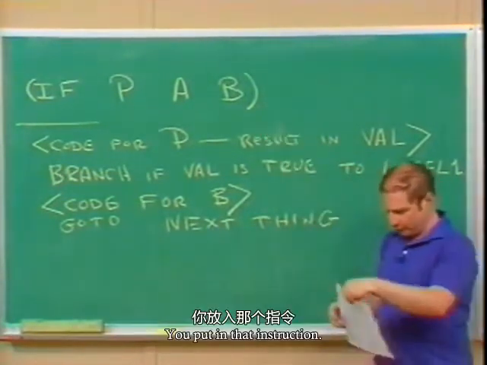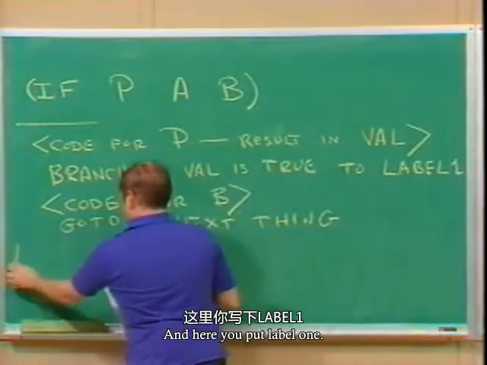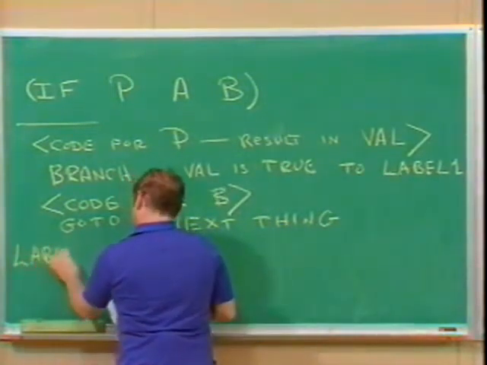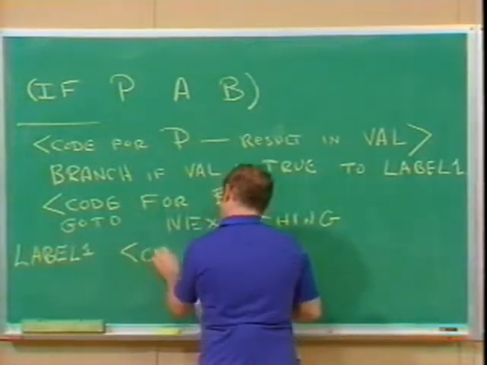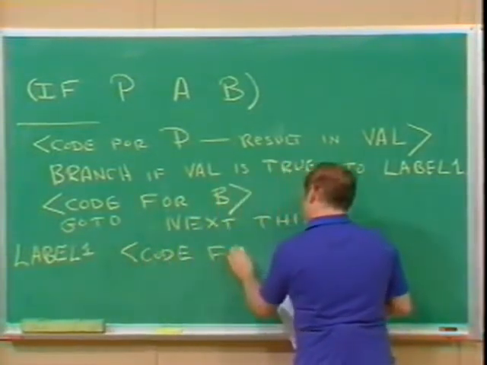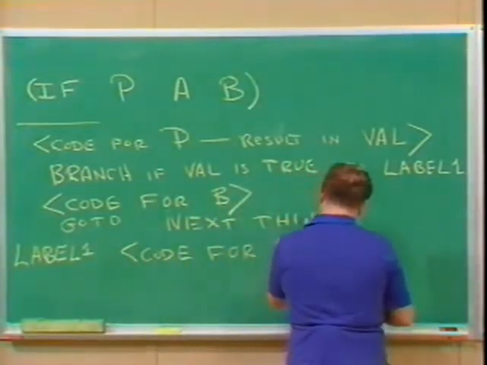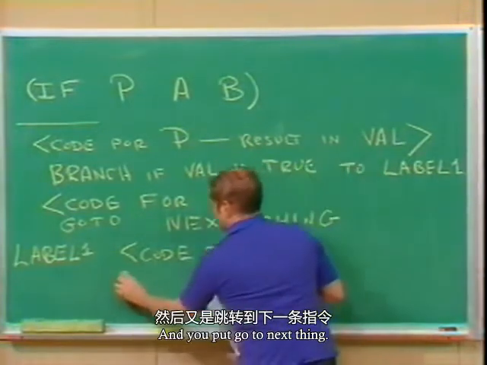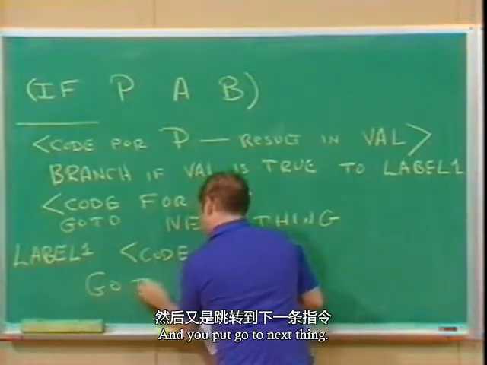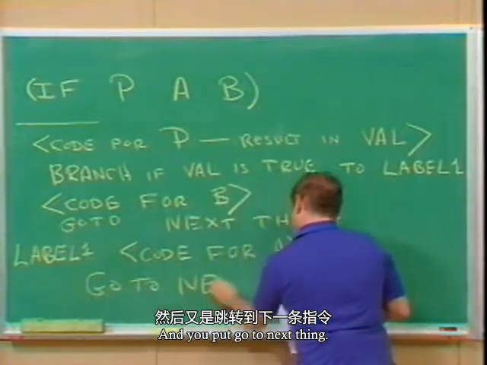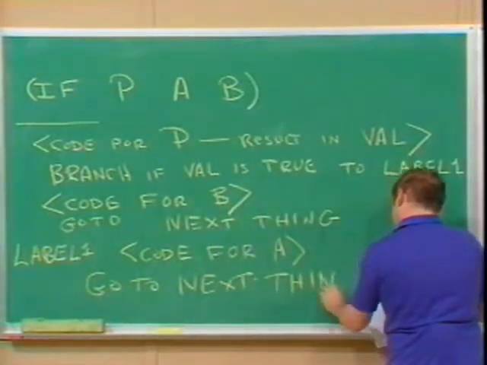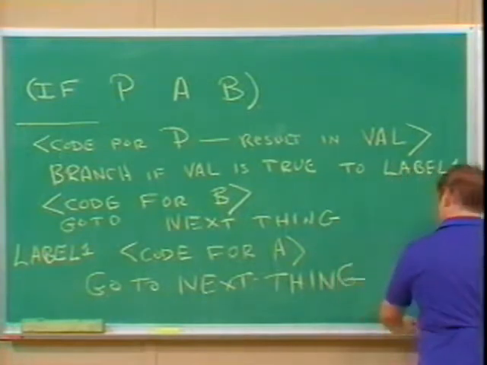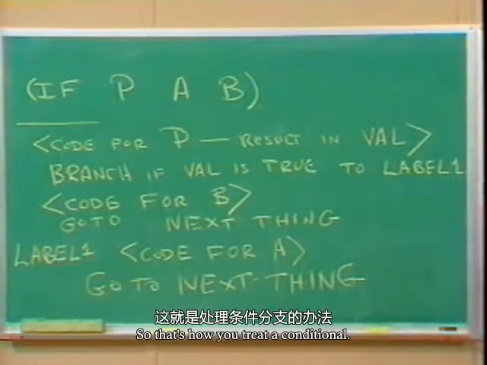And here you put label 1, and here you put the code for A. And you put go to next thing. Okay. So that's how you treat a conditional.